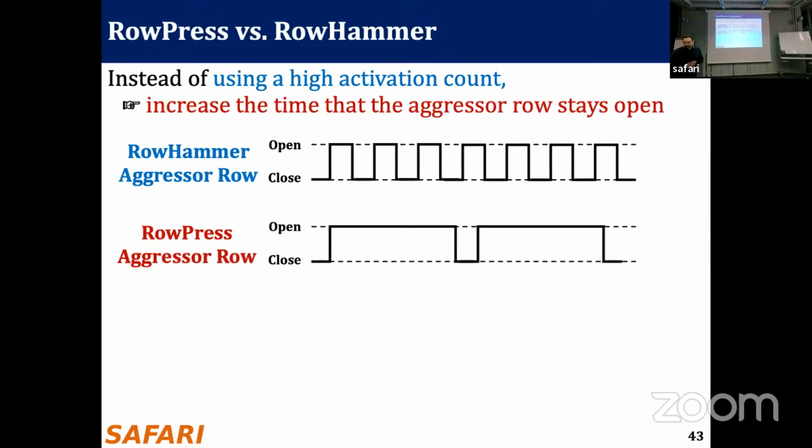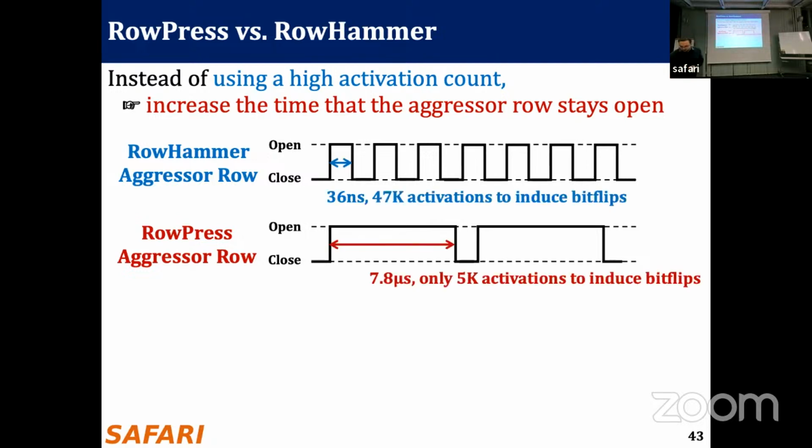And here is just a summary of RowPress from the RowPress paper. Instead of using a high activation count, if you increase the time that the aggressor row stays open, for example, instead of 36 nanoseconds, if you wait for 7.8 microseconds, then you can reach read disturbance bit flips at 5,000 activations instead of 47,000 activations.